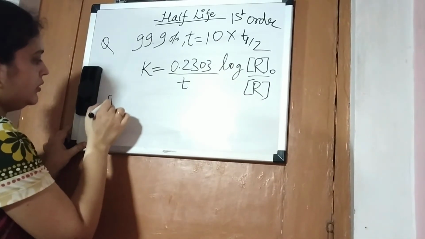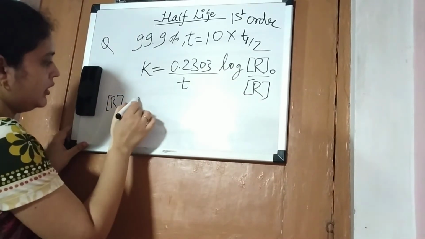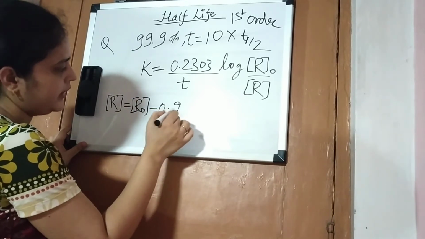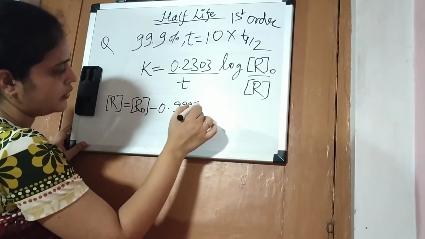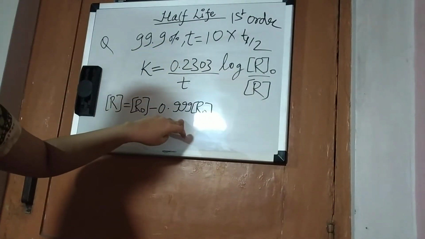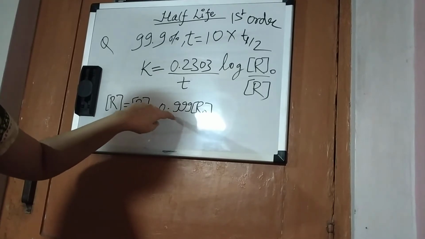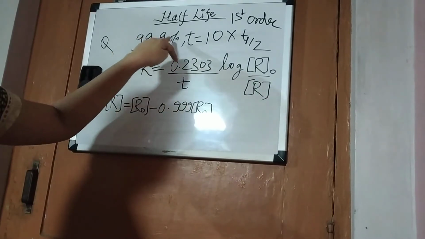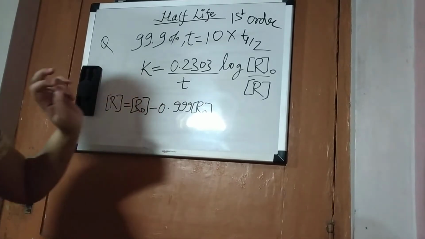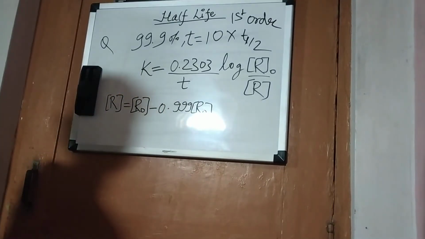R will be equals to R naught, the initial concentration, minus 0.999 R naught. Because the percentage value is changed, it will be divided by 100, 99.9 divided by 100, which will become 0.999 R naught. So this is the R value.